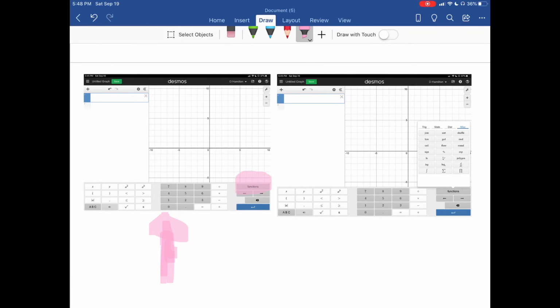Then, once we've highlighted it, we're going to select miscellaneous, and then choose the nth root. So now let's jump on Desmos and evaluate these.